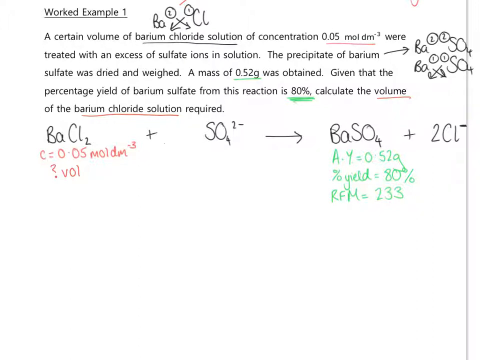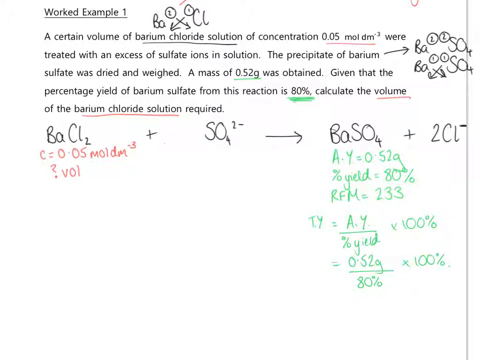Perfect, so look up to the top of the page. Your first step is to calculate the theoretical yield. We came up with an equation for that. That theoretical yield is equal to our actual yield divided by the percentage yield times by 100%. Our actual yield is 0.52 grams. Our percentage yield is 80%, timesing by 100%.